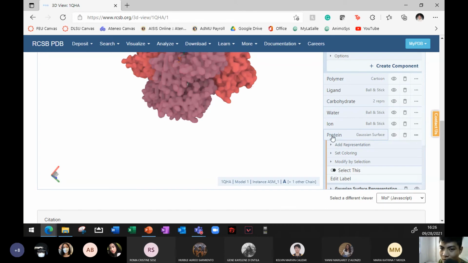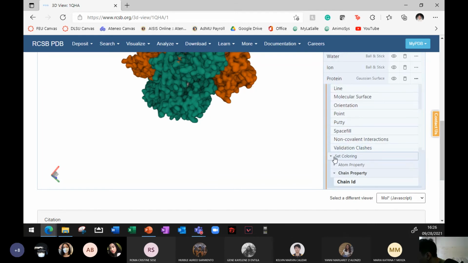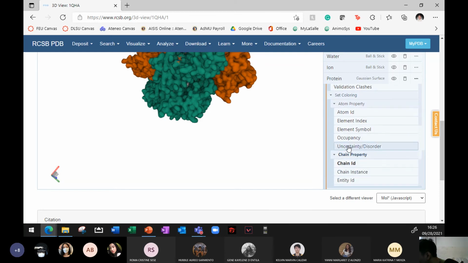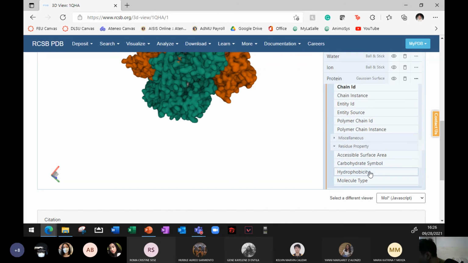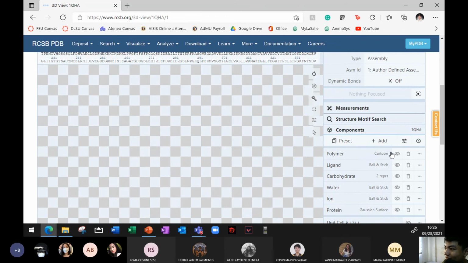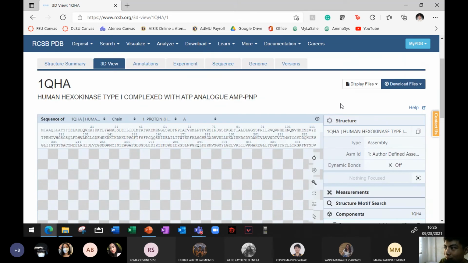Tingnan ko kung kaya ng computer ko. So, I will check kung kaya ng computer ko. Hindi niya kinaya. Sayang. Okay. Anyway, pwede mo kasi makita dito yung mismong surface ng protein mo.